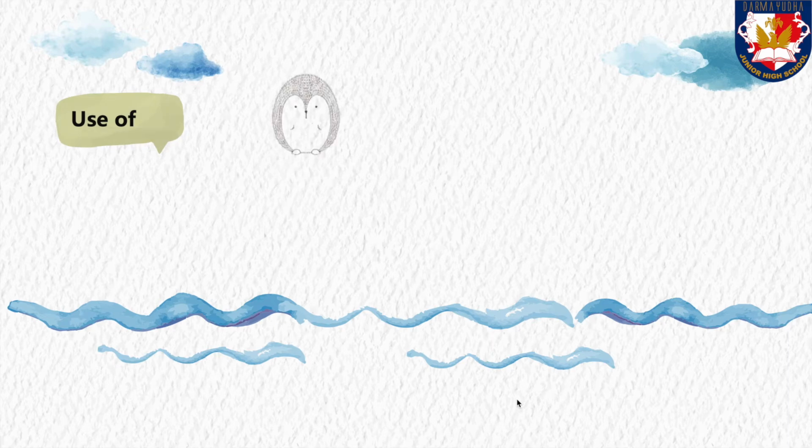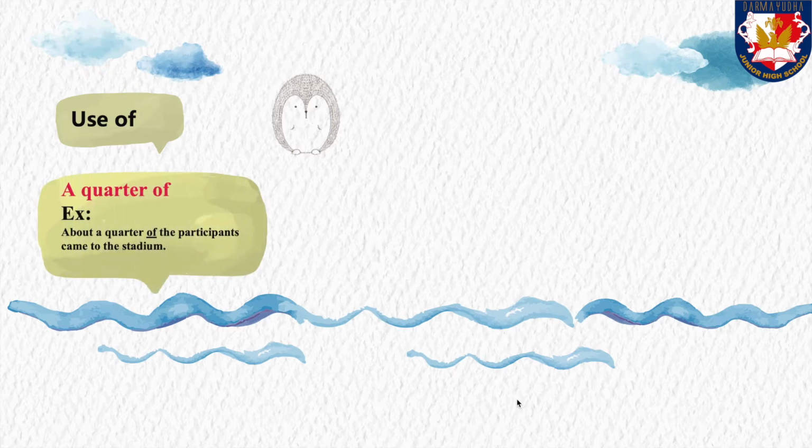We can use the preposition of if we find the words like this. They are a quarter. So, a quarter of. In the sentence we can see, about a quarter of the participants came to the stadium.